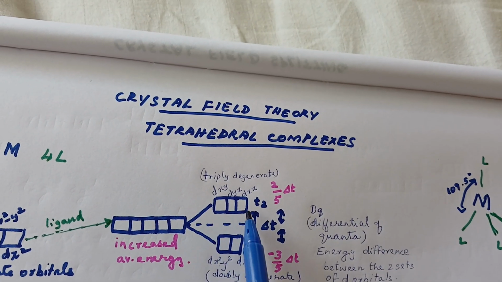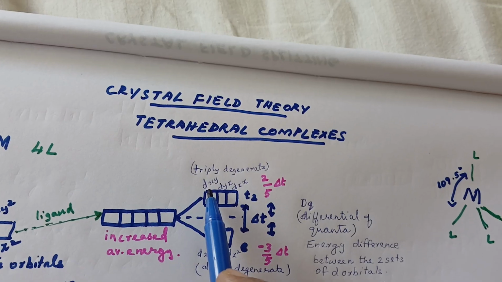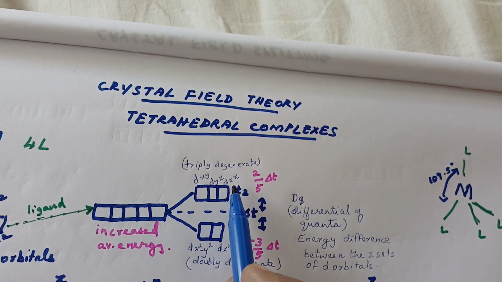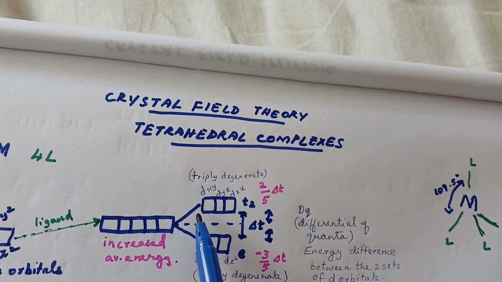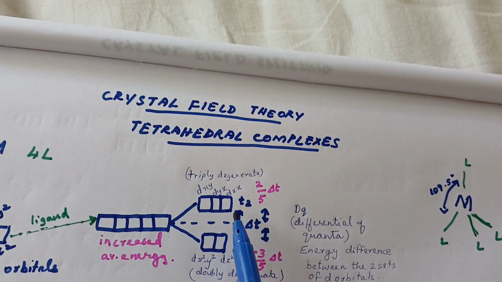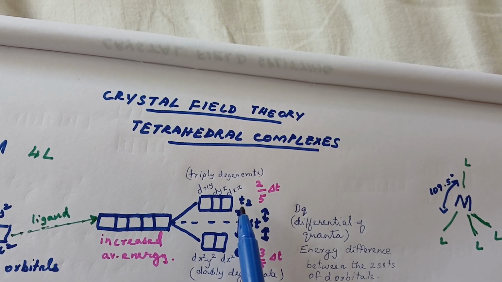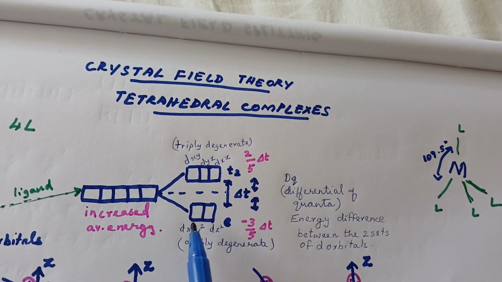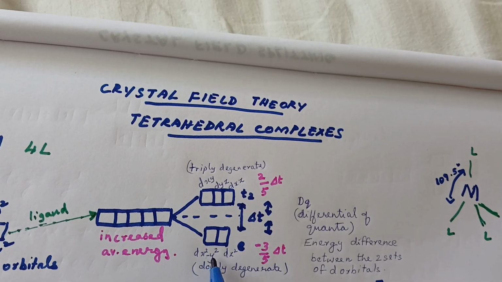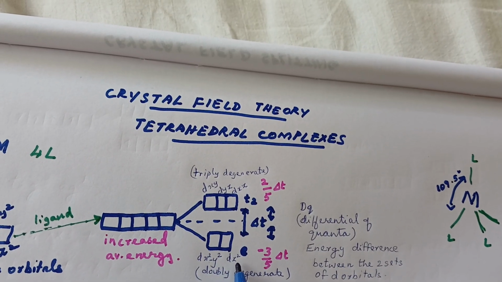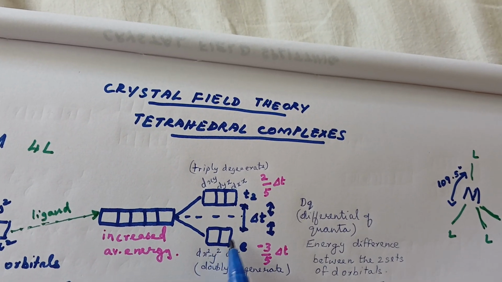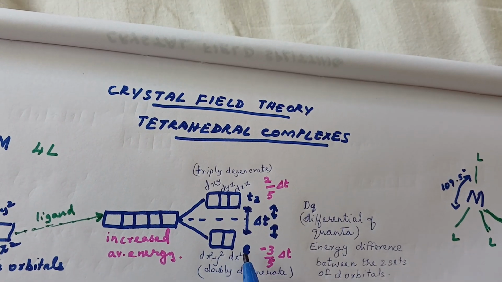The one having the 3 orbitals, that is the dxy, dyz and dxz orbitals, goes to a higher level, having an increased energy. That is the T2 set. And the 2 orbitals, dx square minus y square and dz square, become the E set.